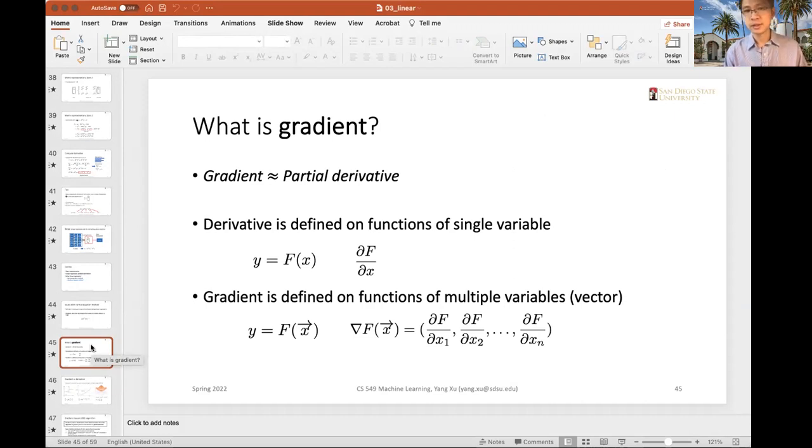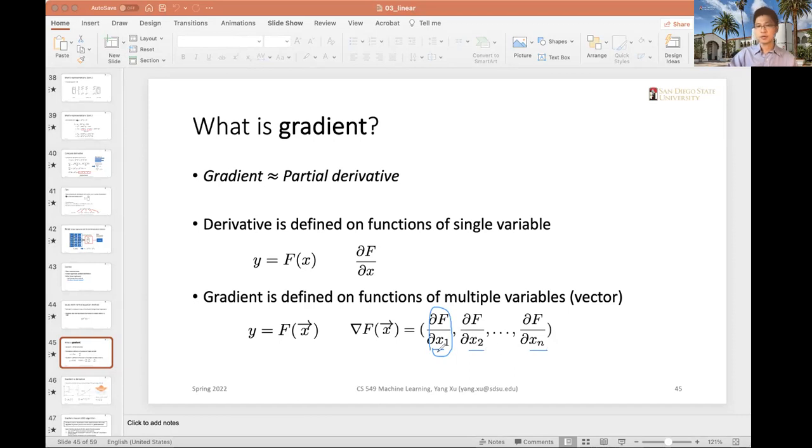It's called gradient descent, and we already introduced the concept of gradients, which is basically equivalent to partial derivatives. Okay, and the partial derivative is something that you can compute in a similar way as a single derivative, but because it's a derivative with respect to a vector or multiple variables, then you need to basically compute a derivative of the target function with respect to each component in your vector.